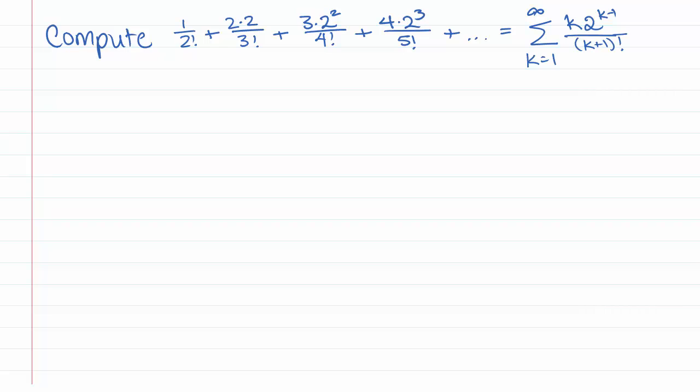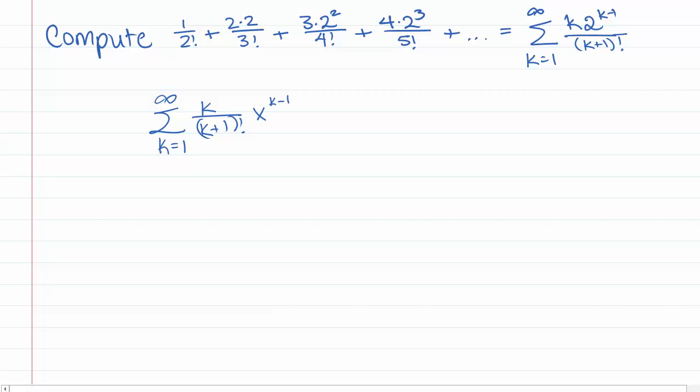All right, now it's asking us to compute the sum of this series. We want to recognize this as some function with some value plugged in for x. Well, notice we have a 2 to the k minus 1, so maybe let's think that 2 is plugged in for x. So let's consider the series k goes from 1 to infinity, k over k plus 1 factorial x to the k minus 1.